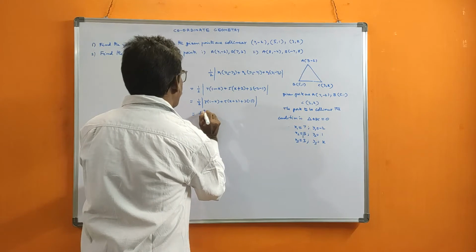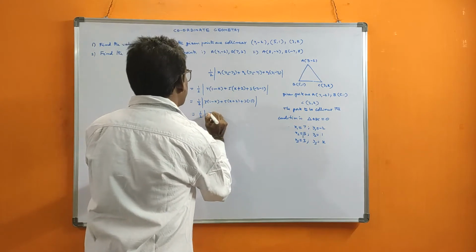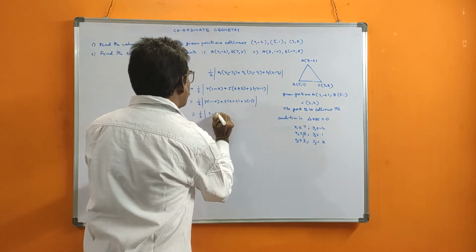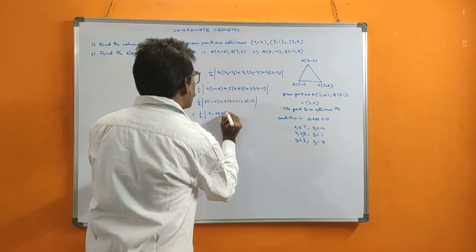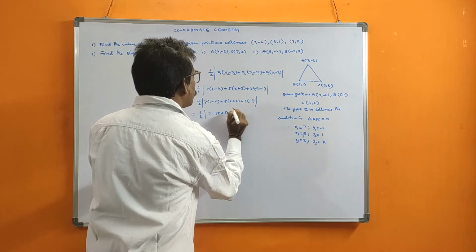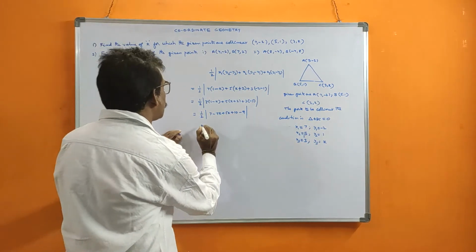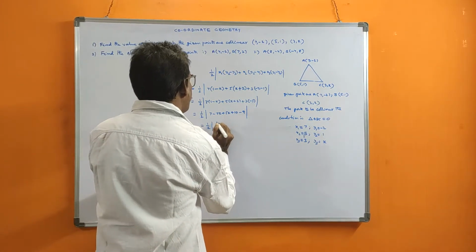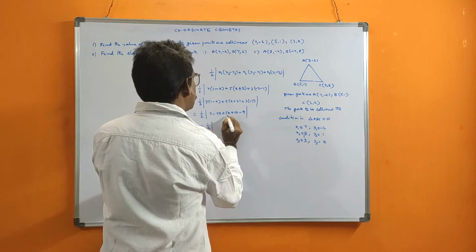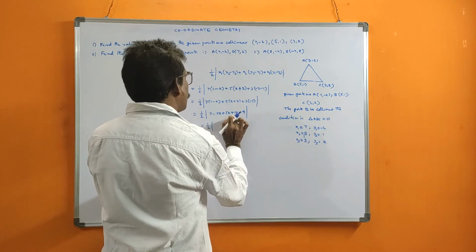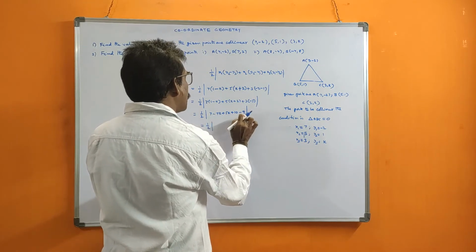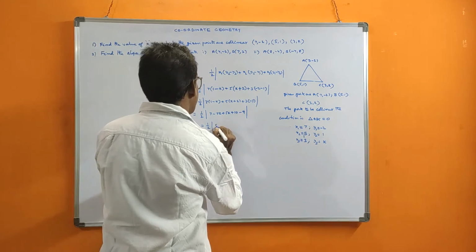Now expand: 7 times 1 is 7, minus 7k, plus 5k plus 10, since 5 times 2 is 10, and 3 times 3 is 9, minus 9. Now the constants: 7 plus 10 is 17, minus 9 is 8.